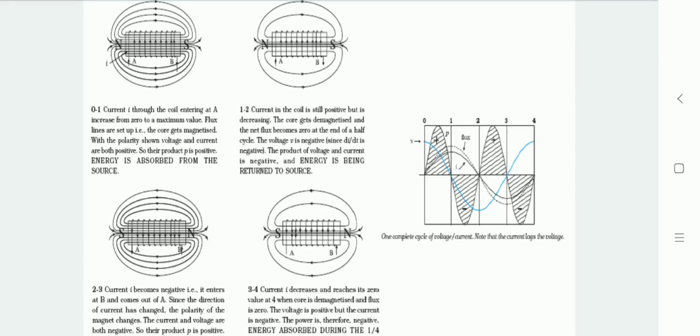The first end is defined as A, another one as B. Now let us give the current from A to B. So the magnetic field starts to generate from A to B. So we can say that point A is defined as a north pole and point B as a south pole. As the magnetic field starts to generate, with respect to that a voltage drop is available. So as we start to give the current, the voltage drop will appear.